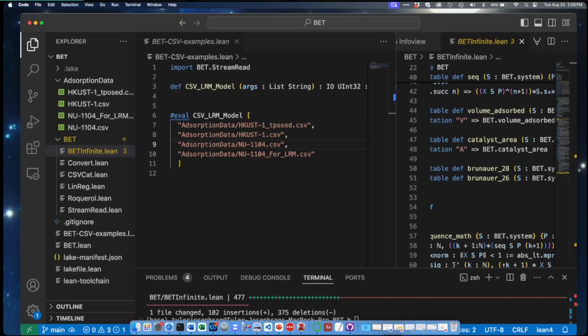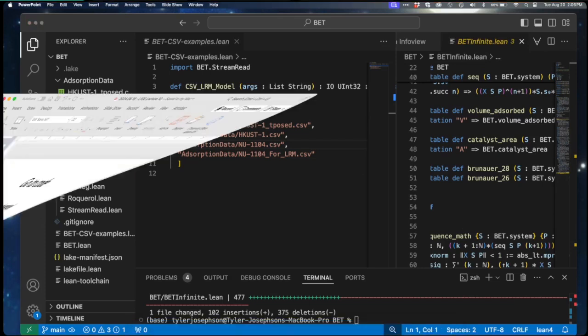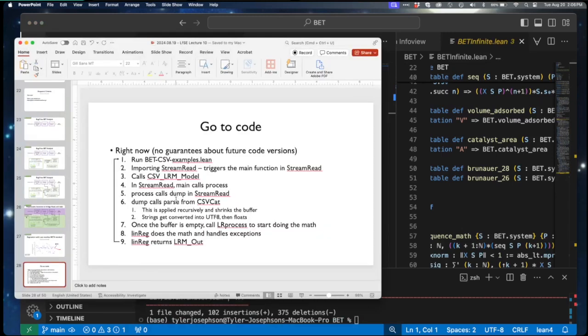So Urja is asking, how do we create the columns and rows? Oh, good question. I think I glossed over that. The parse is from CSV cat, which is a CSV reader.